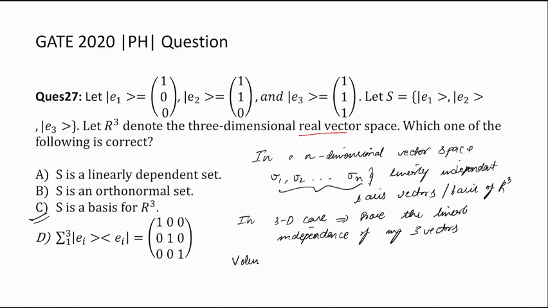The volume occupied is nothing but the scalar triple product of these vectors, which is given by the determinant formed by these vectors.